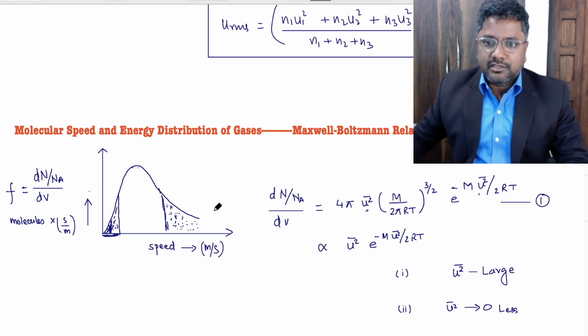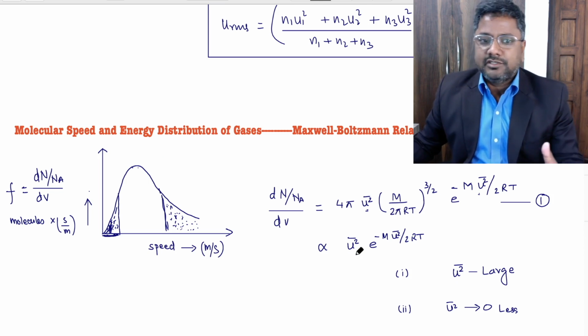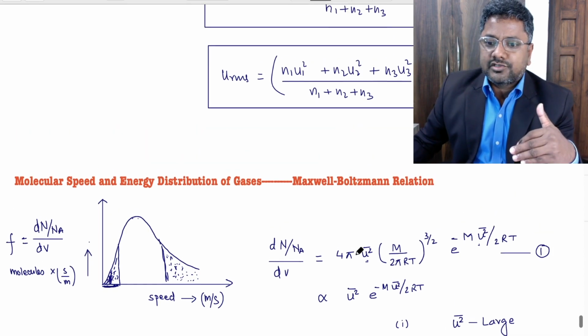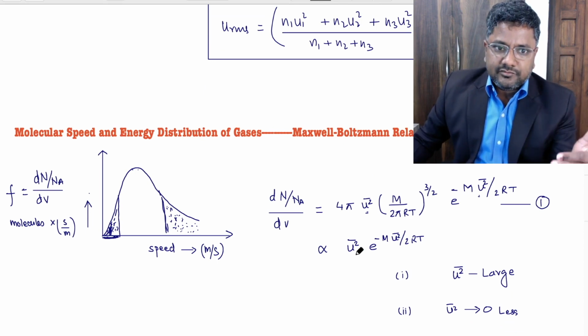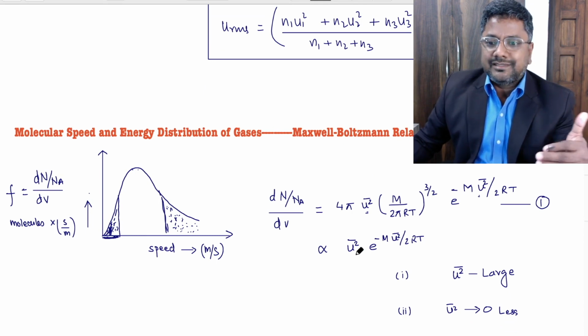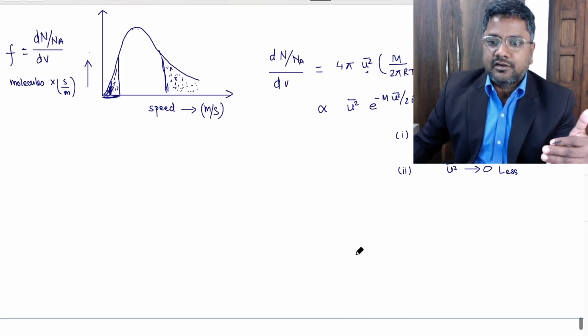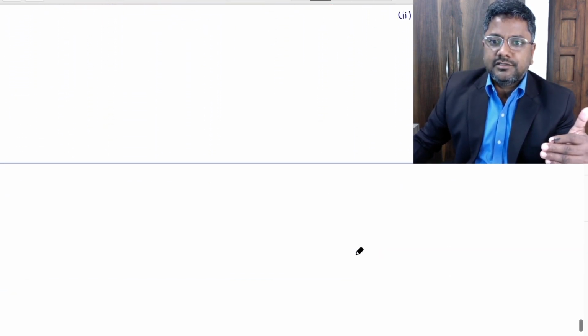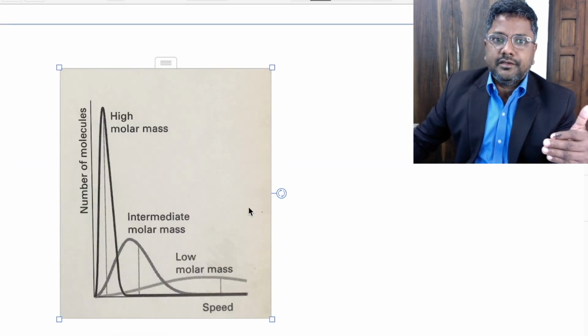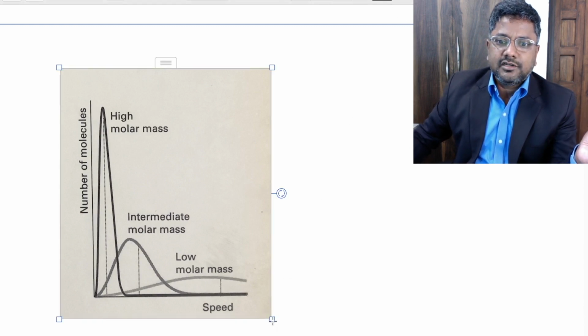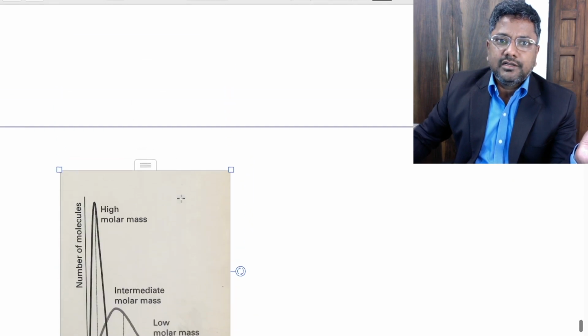Now I am showing you one more important graph, which tells about how the fraction of molecules per unit speed has a relation with the molar mass. That is also an important graph.